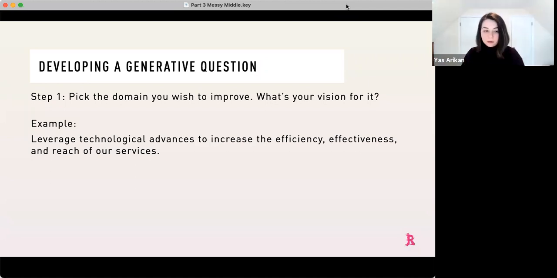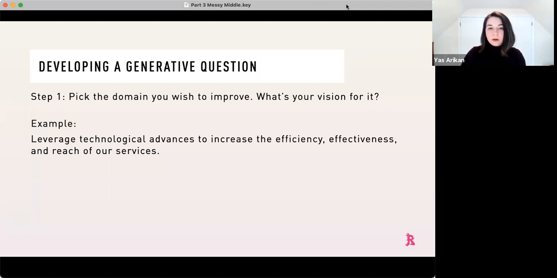So in this example, I've got a strategy: leverage technological advances to increase the efficiency, effectiveness, and reach of our services. This probably applies to a broad range of firms. So you've got your issue, you've got some ideas of a vision, right? In this case, I want something efficient, effective, and widely reachable, accessible.